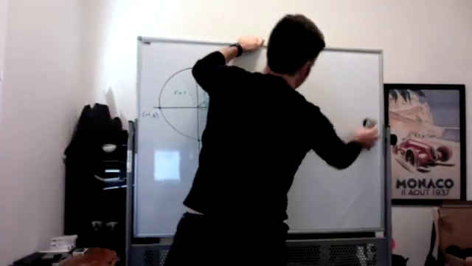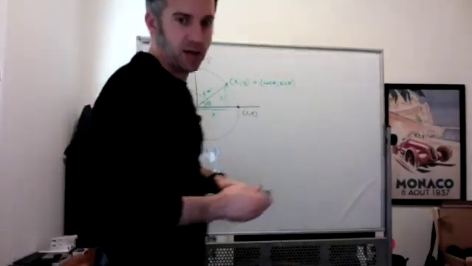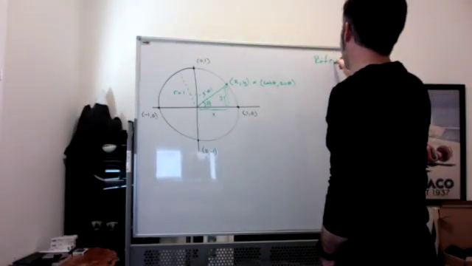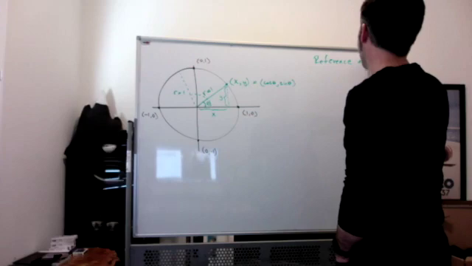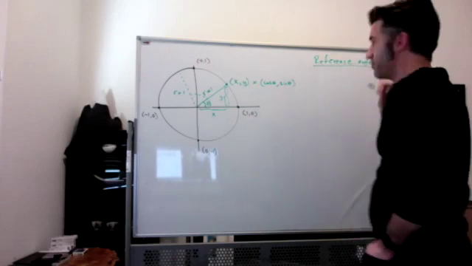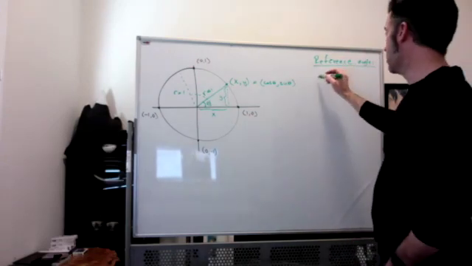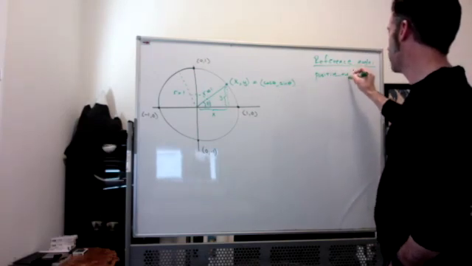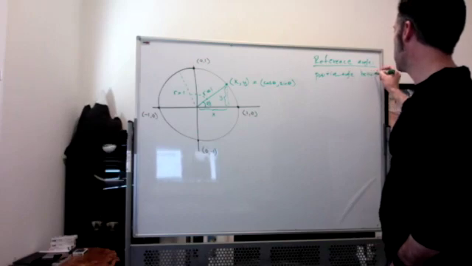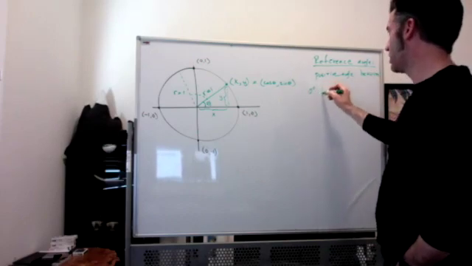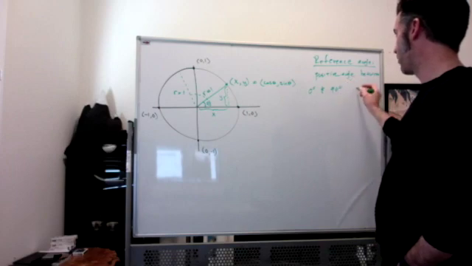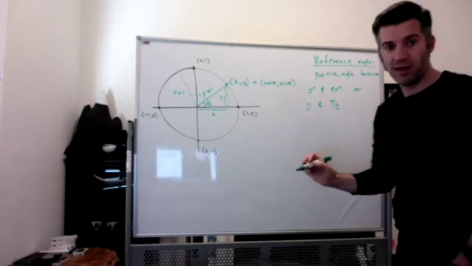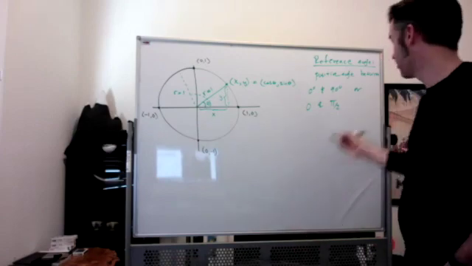So I know this isn't in this section yet, but when you talk about a reference angle, it is the positive angle between 0 degrees and 90 degrees, or if you prefer, 0 radians and pi over 2 radians, that gets you to the x-axis.